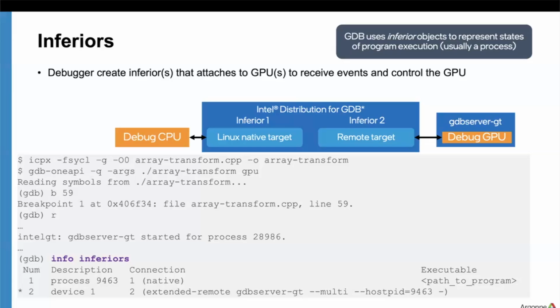So you can think of it here: inferior one represents the debug state of the CPU, and inferior two is for debugging the target device.